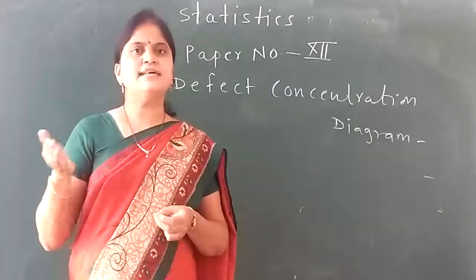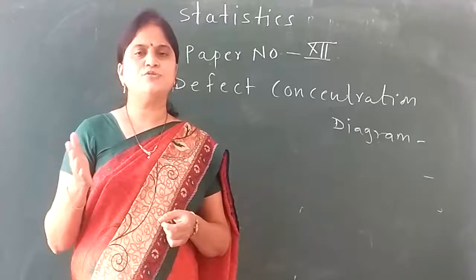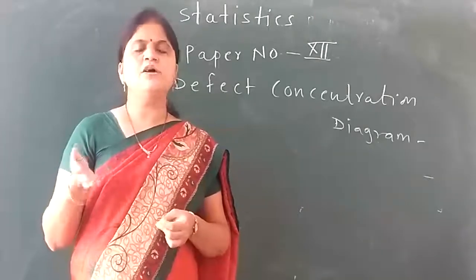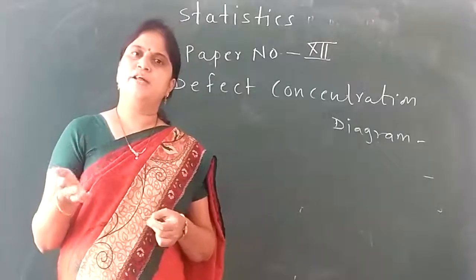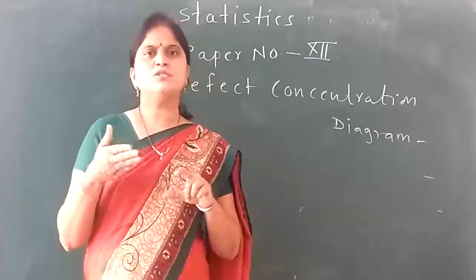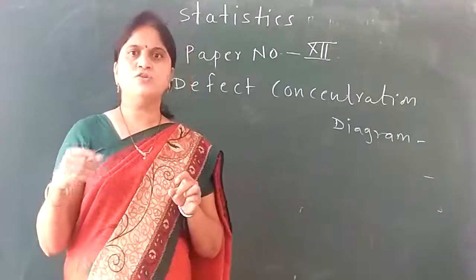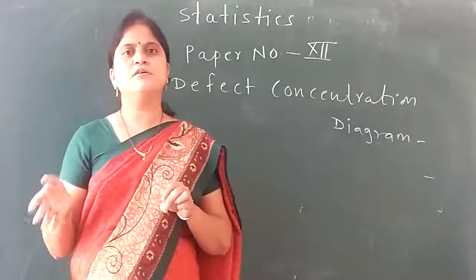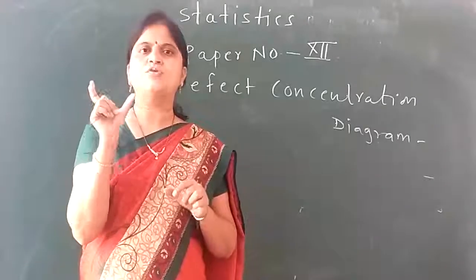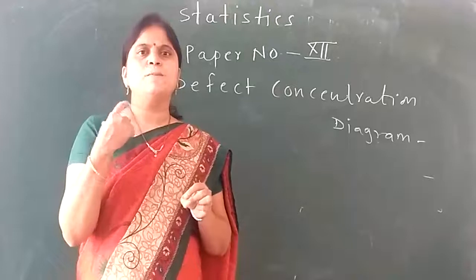Next is the cause and effect diagram. It is also called the fishbone diagram, or the Ishikawa diagram. Since it looks like the bones of a fish, against the bones we draw the reasons, and we find which are the causes of a particular effect.